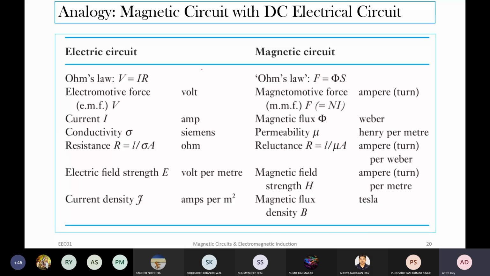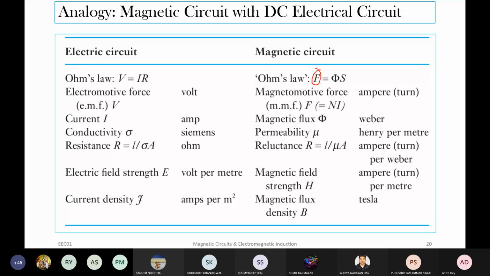So if we now compare the electric circuit and magnetic circuit, from the electric circuit we have simply Ohm's law, where electromotive force V is equal to I into R, where I is the current through it and R is the resistance. Simply, Ohm's law is valid here also in the magnetic circuit, where F equals magnetomotive force, phi equals flux, which is analogous to the current. So cause is magnetomotive force and effect is the flux, just like voltage is the cause and effect is the current through it.